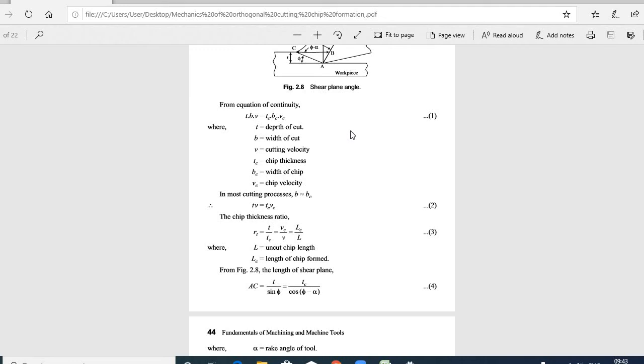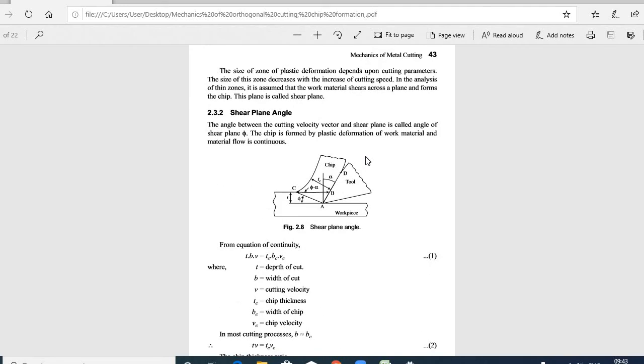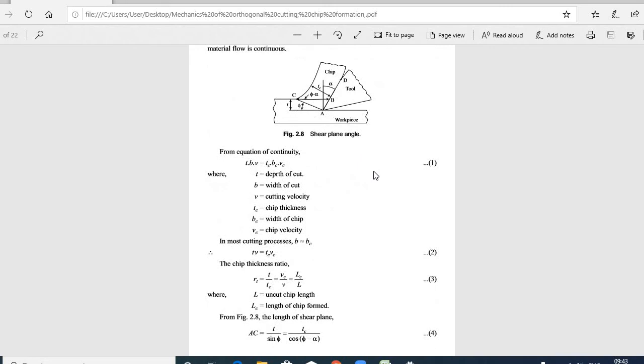From this figure you all can confirm that AC, you all can see it is mentioned alphabetically, AC is equal to t by sin phi is equal to t_c by cos(phi minus alpha).